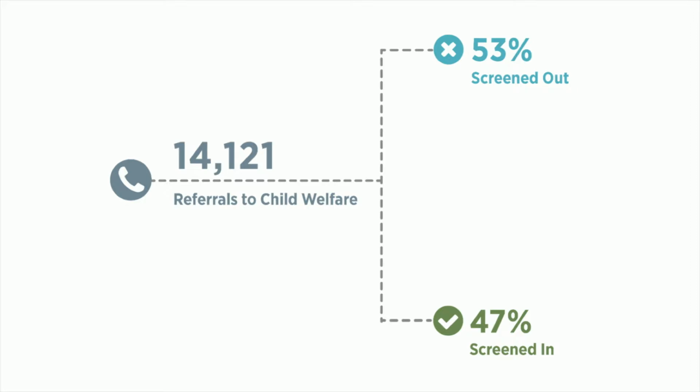Allegheny County in Pennsylvania receives about 15,000 referrals of suspected child maltreatment every year. And for each referral, staff there must decide whether to screen in for investigation or screen out. When the county asked us back in 2014 to explore whether predictive risk modeling could help their call screeners to make better decisions, we knew that its use for child protection could be contentious.